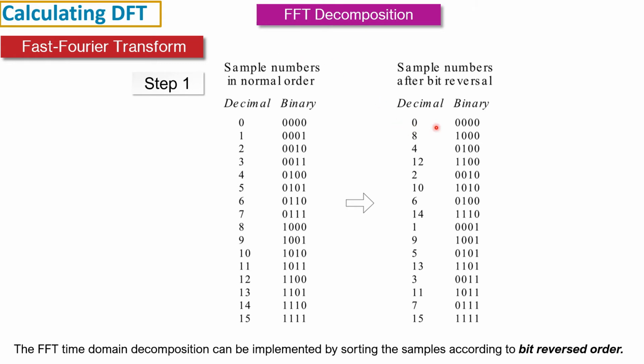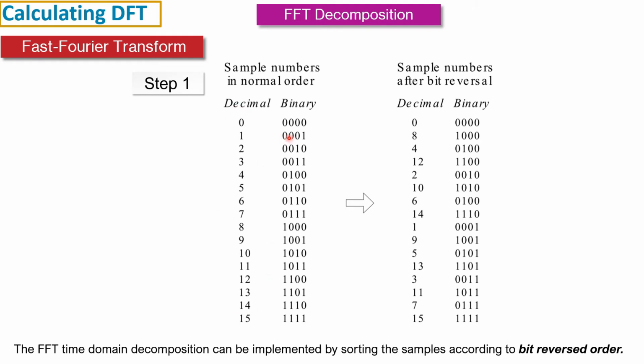Here each of these is one signal. By arranging these we get one signal for each of these points. So 0 is one signal, 8 is one signal, 4 is one signal, 12 is one signal, and each one signal is composed of a single point, right?